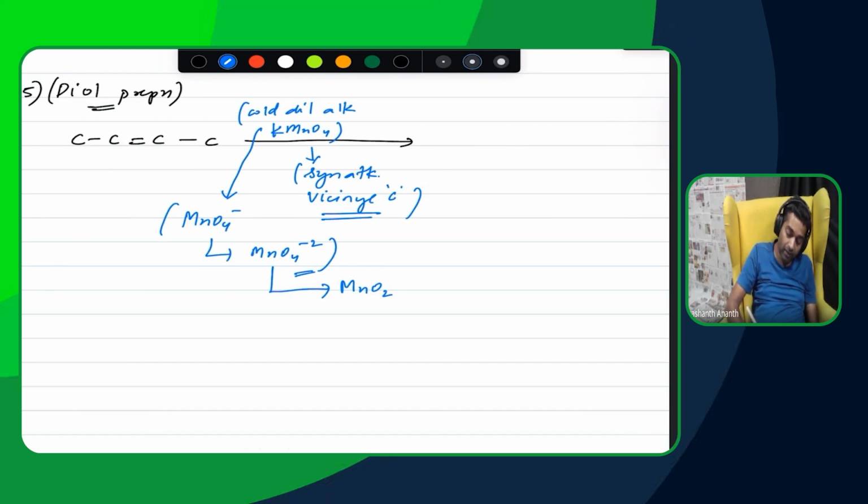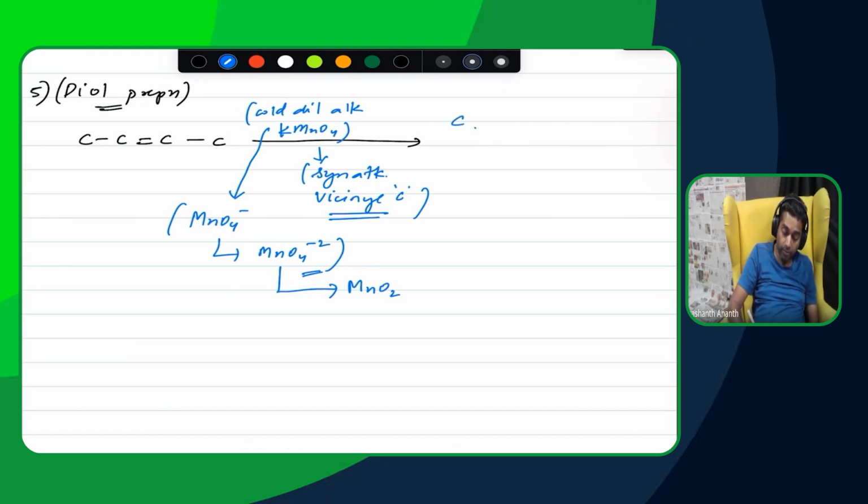So syn attack, vicinal carbons, you'll be getting the product obtained as this. Or you can think of it as, instead of putting it like this, we'll put hydrogens over here. We'll call it a cis compound in the beginning.